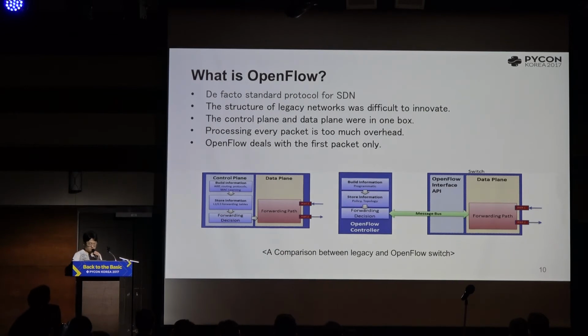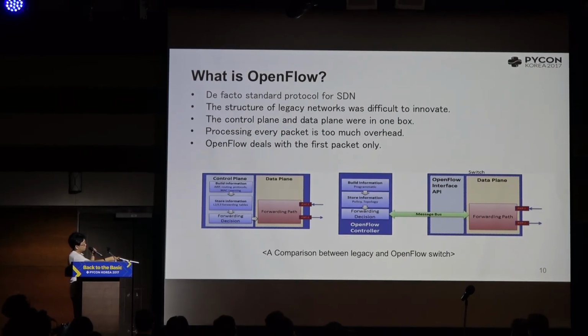The basic idea was that we were having difficulties with this legacy structure, having the control plane and the data plane in one box. OpenFlow took the control plane out, put it in an x86 server, and made it centralized.